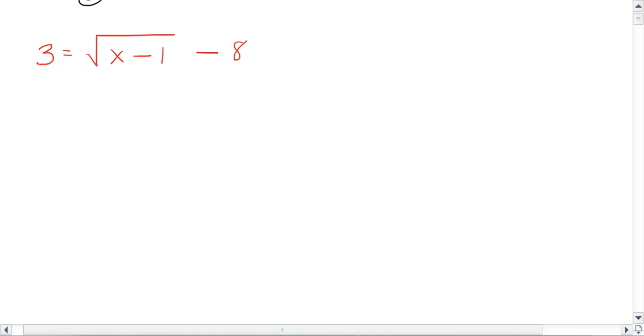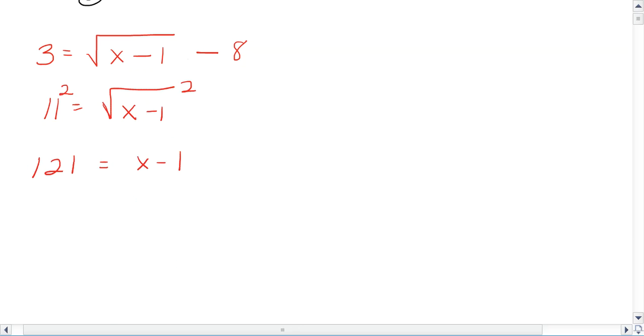In this radical equation, first I do need to isolate the square root by adding an 8 to both sides. So if we add an 8, we get 11 is the square root of x minus 1. Now it's isolated. We are ready to square both sides. So we get 121 equals x minus 1.